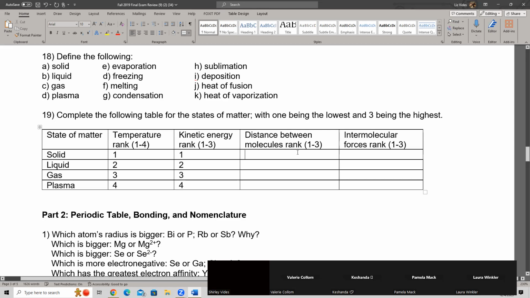The distance between the molecules is less in a solid because there's less movement. So 1, 2, 3, 4 again. But the intermolecular forces are highest when it's closest because they're closer. And there you go. That was easy, wasn't it?